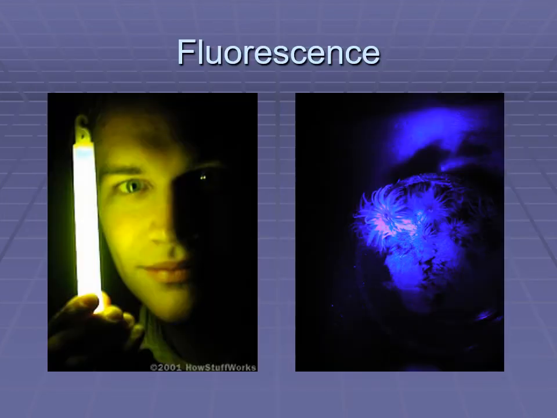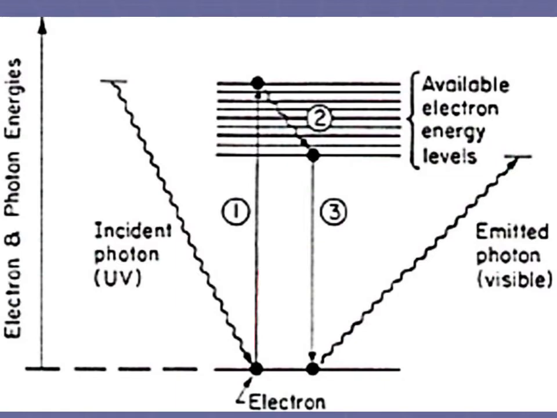Okay. Another thing that you run into with light is fluorescence. And so you get fluorescent light, and it's similar to the emission spectrum of light. What you do is excite the gas. What happens is the electrons go to high energy.